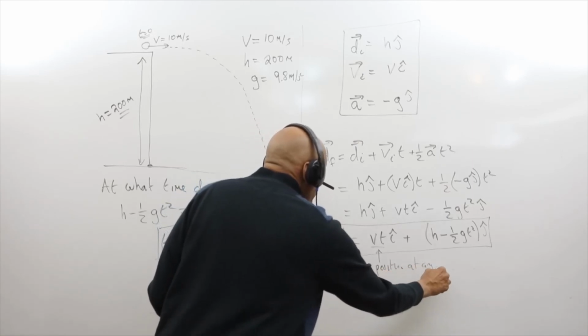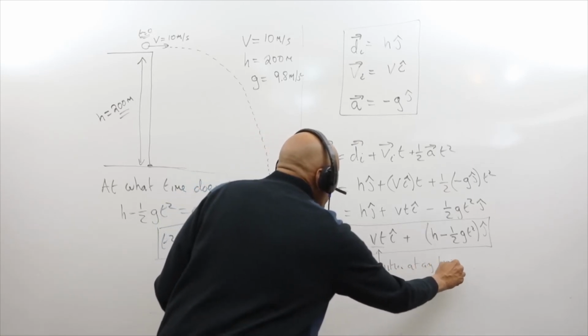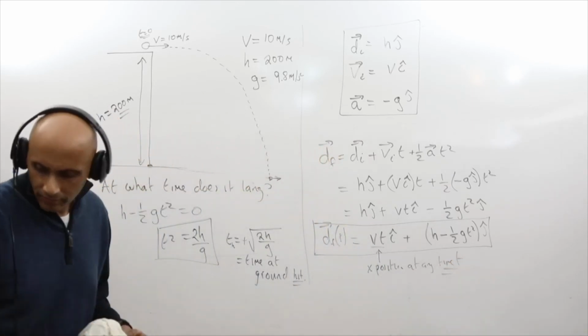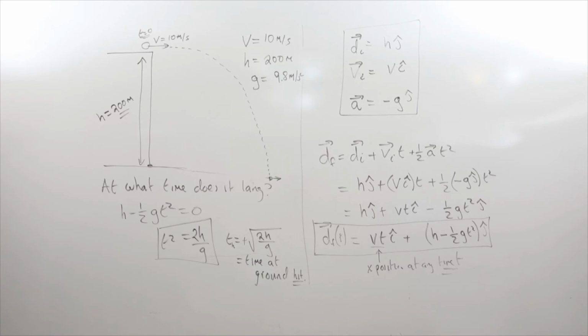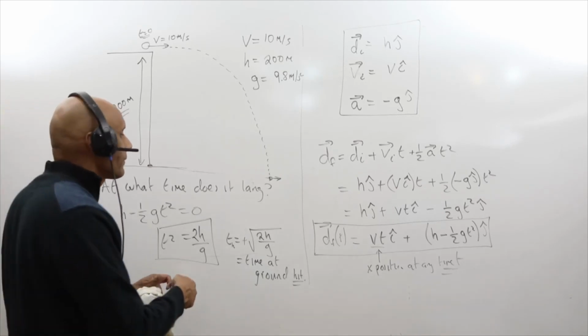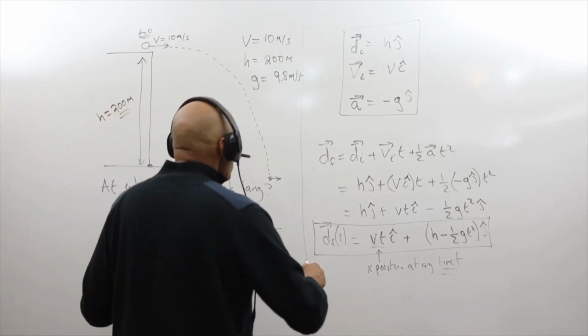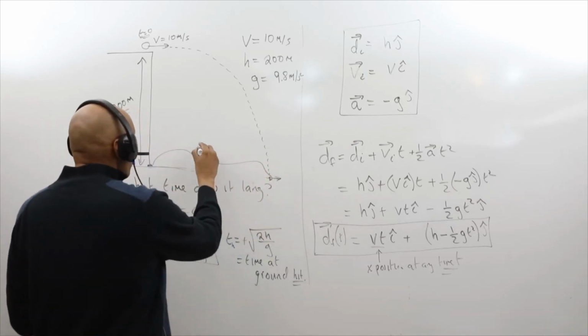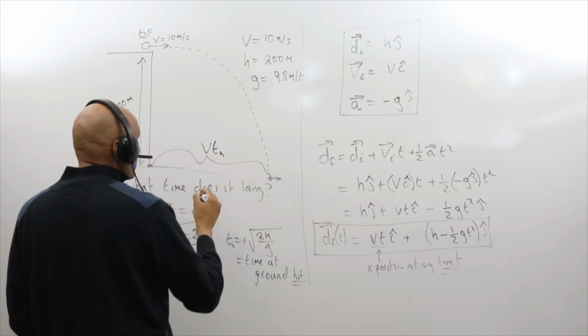I'm kind of scribbling right there, and my marker is dying too, so let me get another marker. So this is what I'm looking for. This is v times the time when it hits the ground.